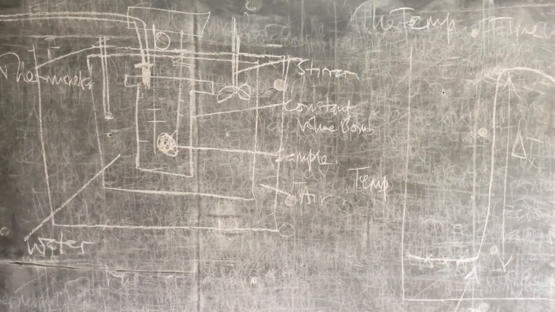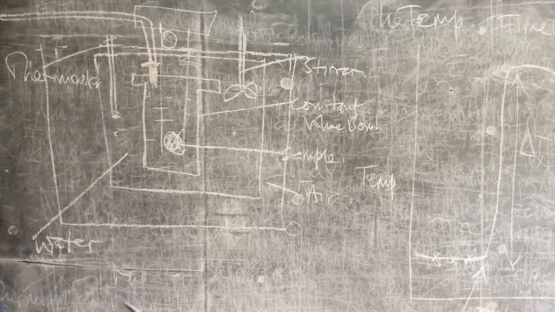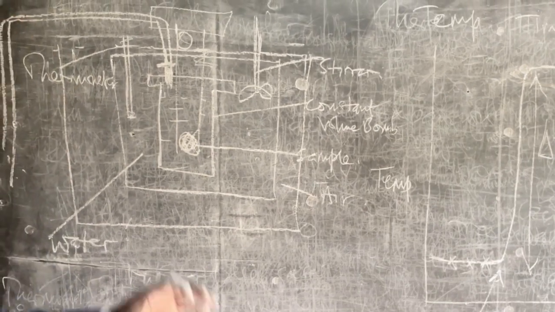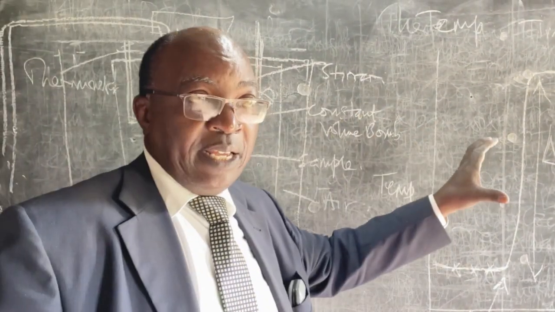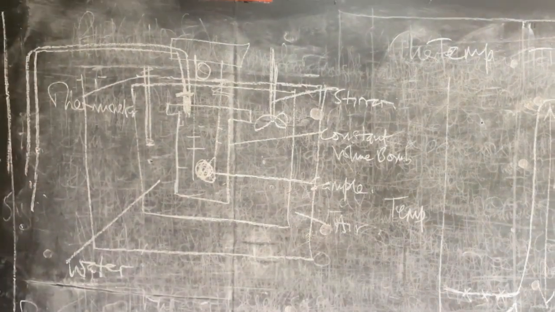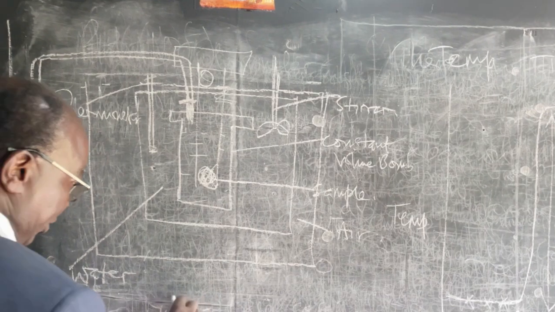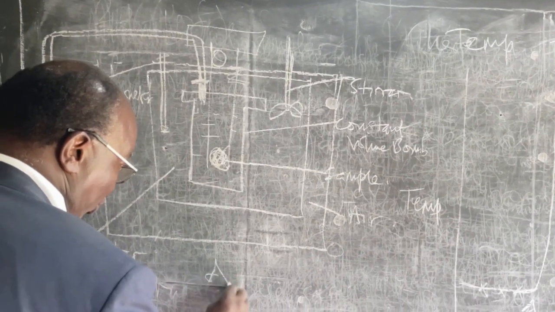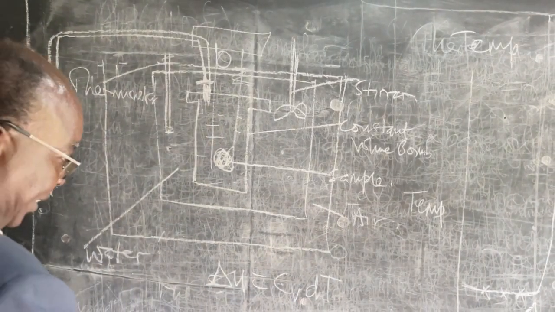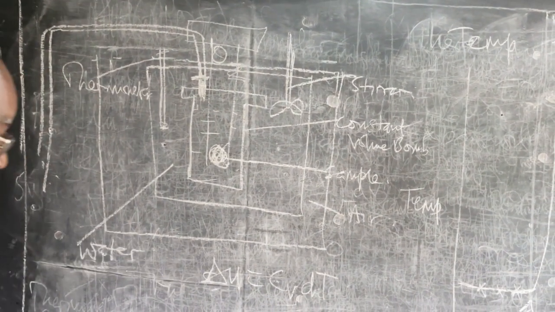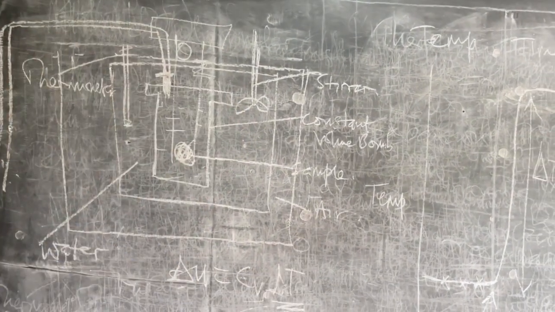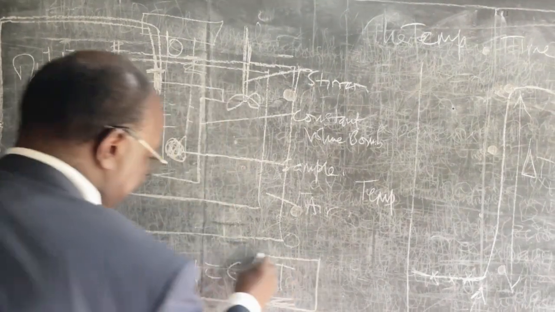Now, from what we have seen, we have a relationship between a thermodynamic state function and a thermochemical observable. In this particular case, the thermochemical observable is the heat, and the thermodynamic state function is the internal energy of that substance. So you go back to the expression which you got from Joule's experiment, that dU, delta U, is equal to CV dT. Once you know the heat capacity of the water, and you know the delta T, which you have gotten from the graph, then you are able to calculate the internal energy of your substance.